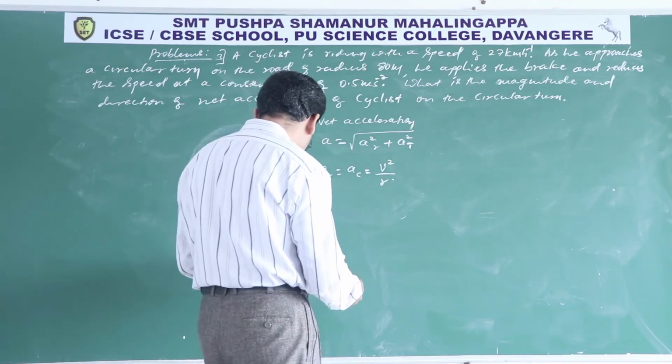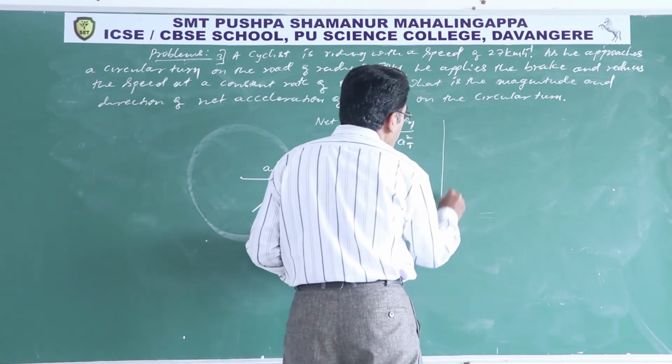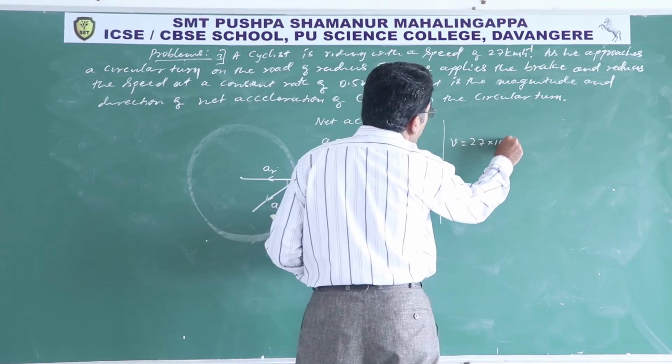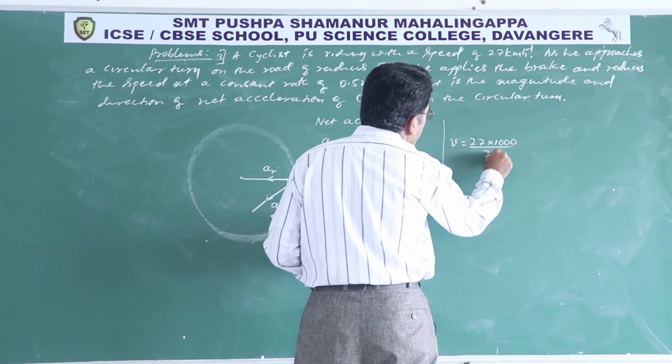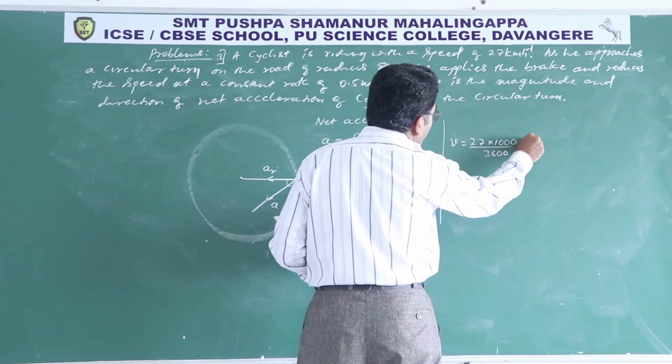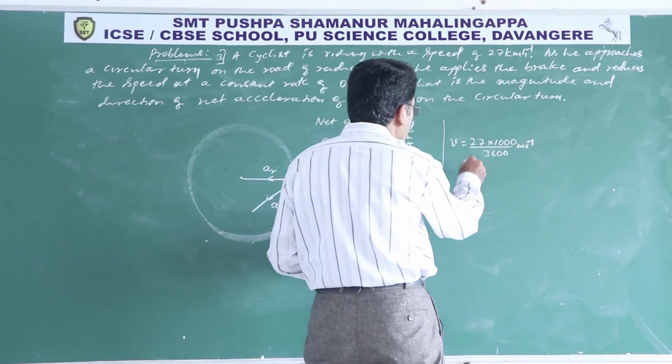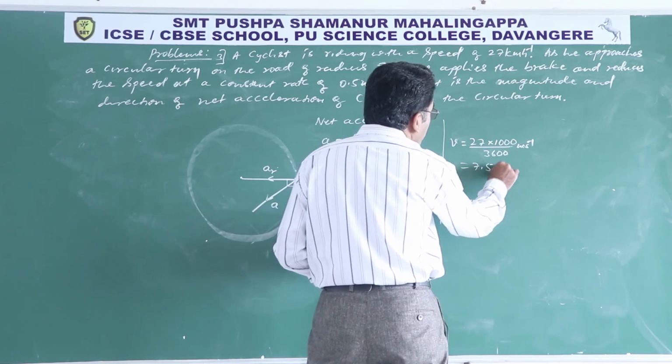V is equal to 27 kilometer per hour; when you convert into meter per second, on simplifying you are going to get 7.5 meter per second.